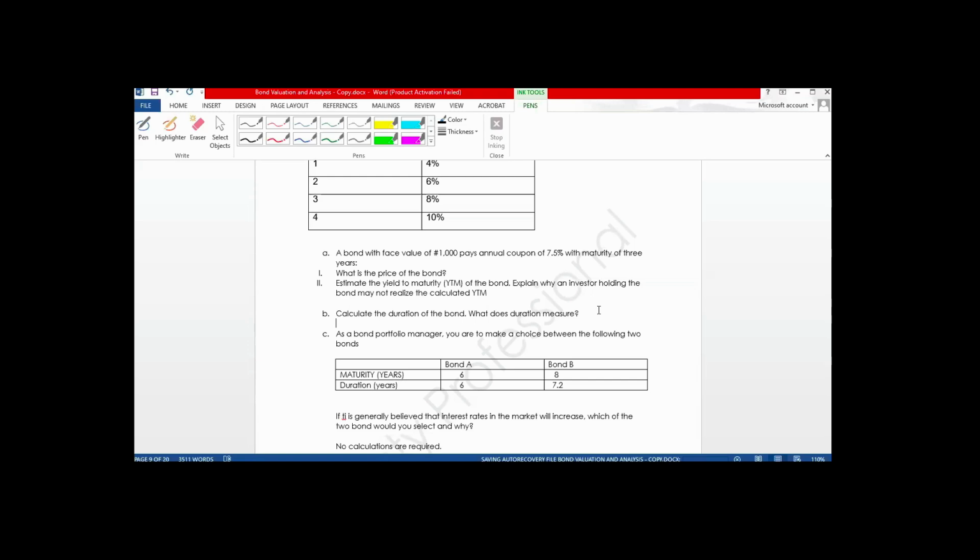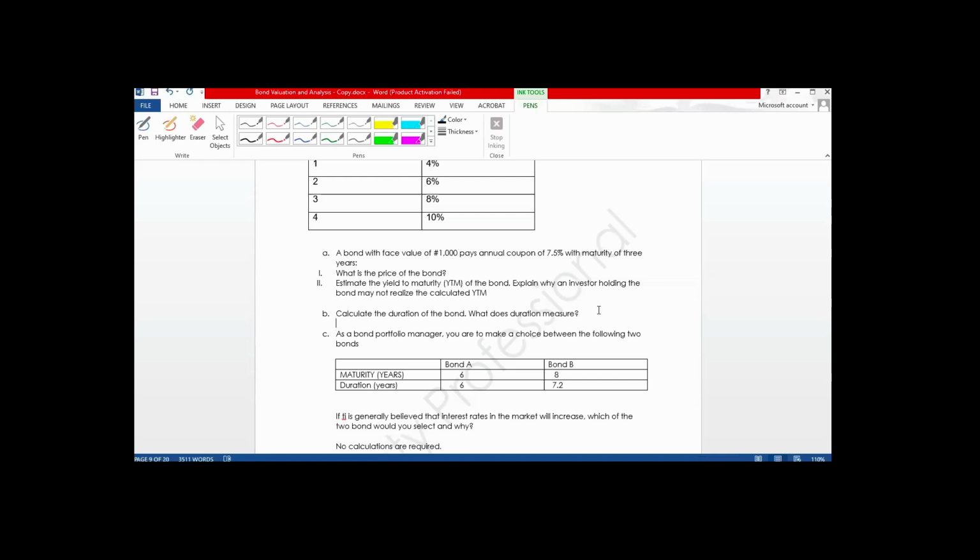If it is generally believed that interest rates in the market will increase, if we believe that the interest rate will increase in the market, which of the two bonds will you select and why?